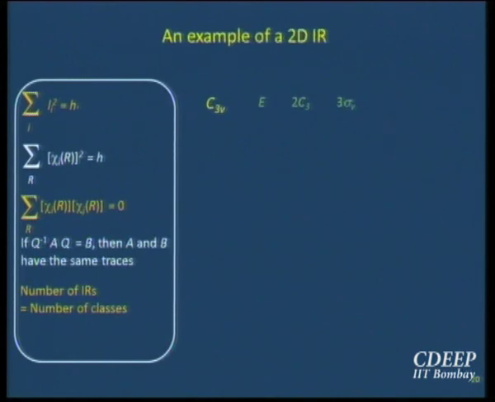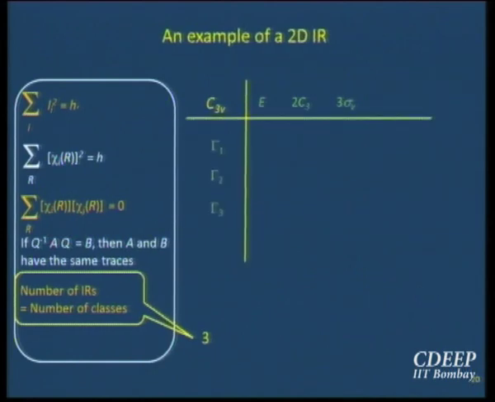So this one class agrees that there are 3 classes. Good. So 3 irreducible representations, right? Gamma 1, gamma 2, gamma 3. All right, Nishit? Question? All right, fine.